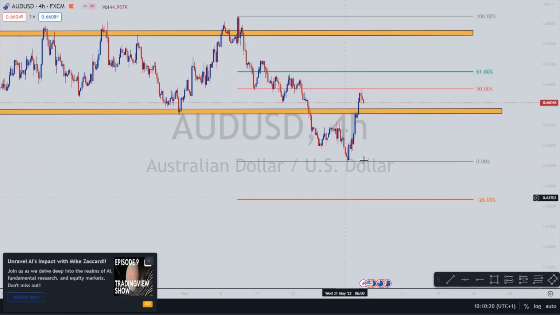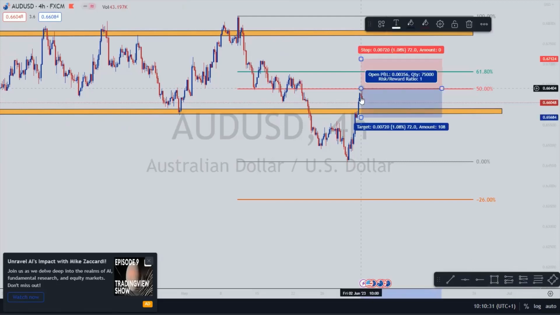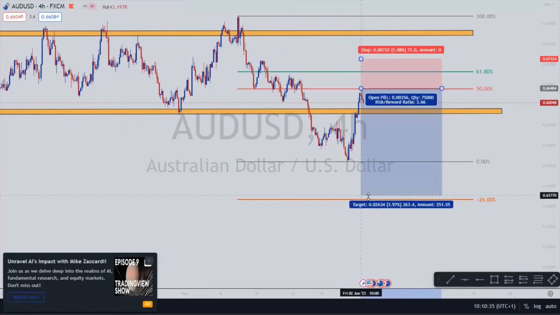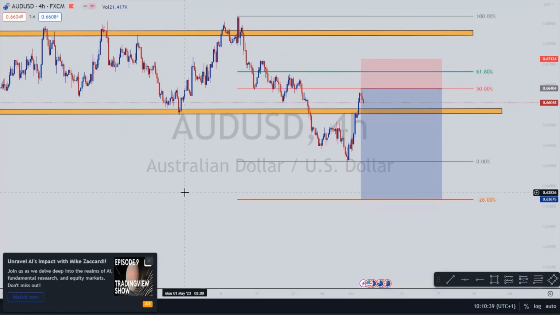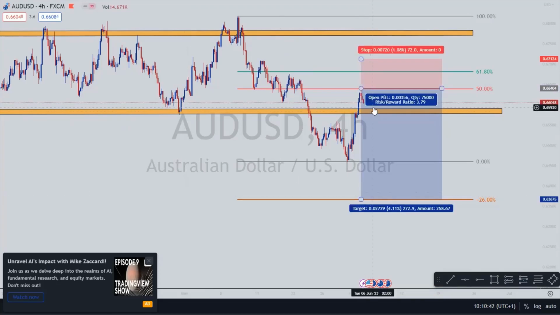So if this market is going to start going down from here, we are looking at a potential 200 pips from here first. So that is what is going to play out. I'm going to get back into this trade, but now there are 2 ways in which you can get into this trade.